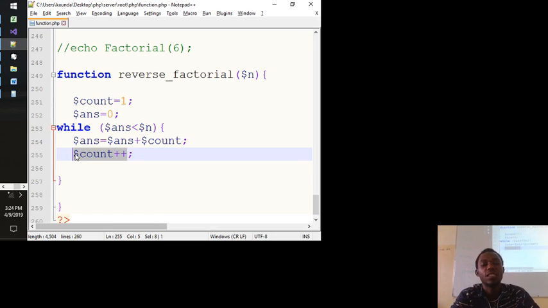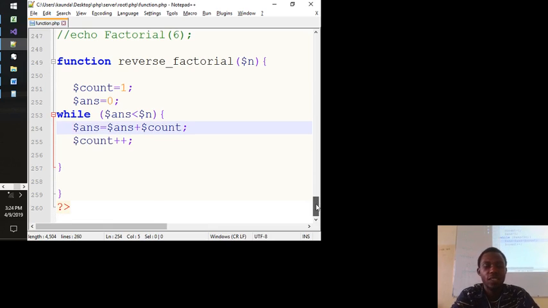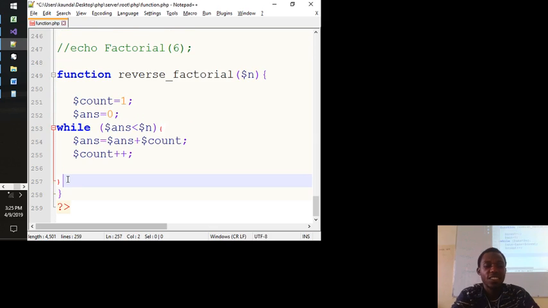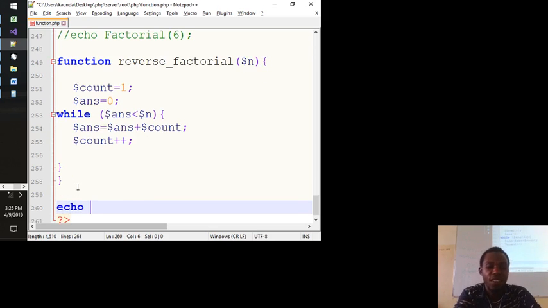So that is it. You might not even need this. Okay, that will increment it. That is fine. So let's see. If I echo this, reverse factorial, and then let's say I've been given 120, we know that to be 5.